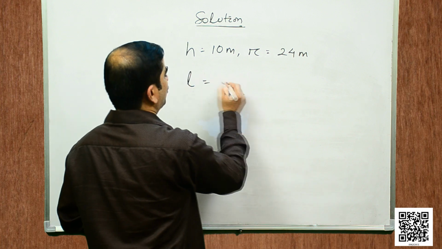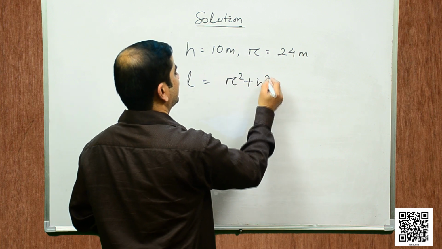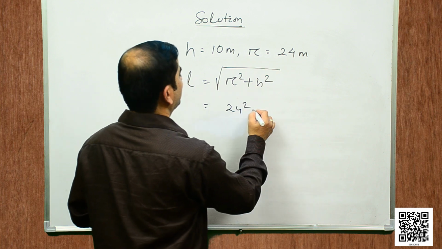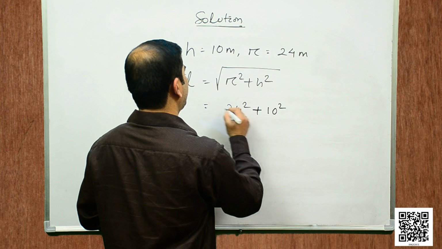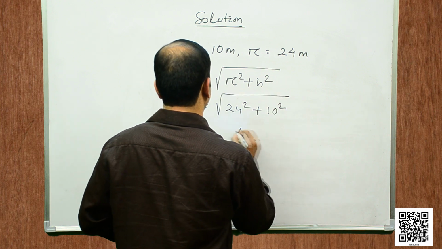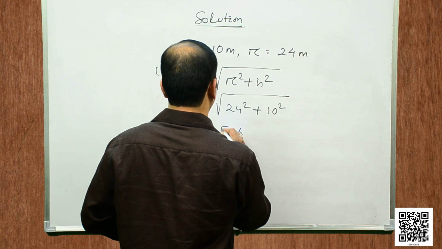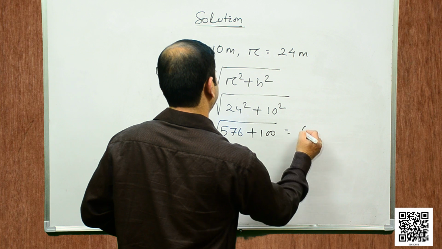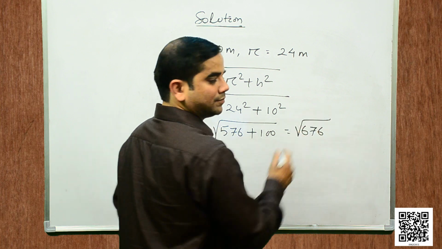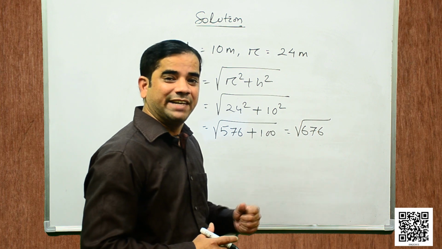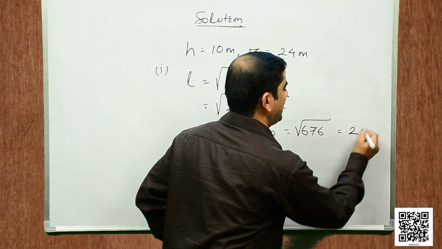So, L is equal to square root of r square plus h square, that is 24 square plus 10 square, 576 plus 100. Okay. So, what is the square root of 676? That is 26.